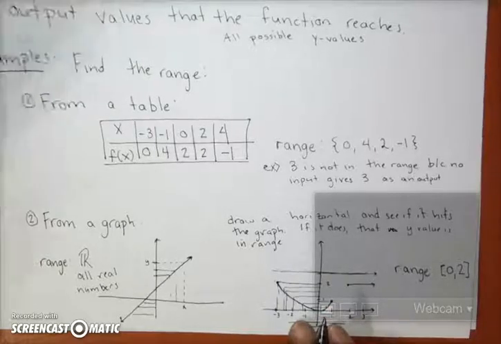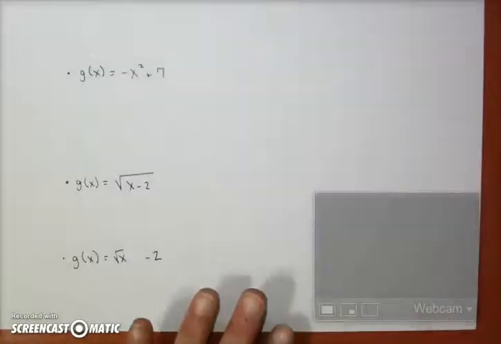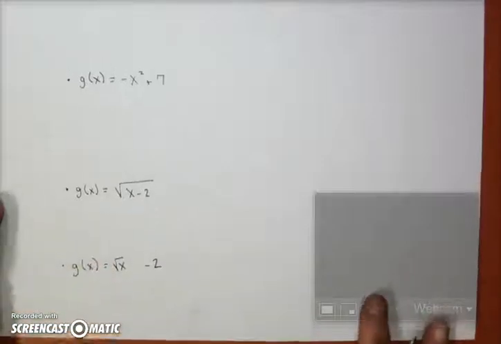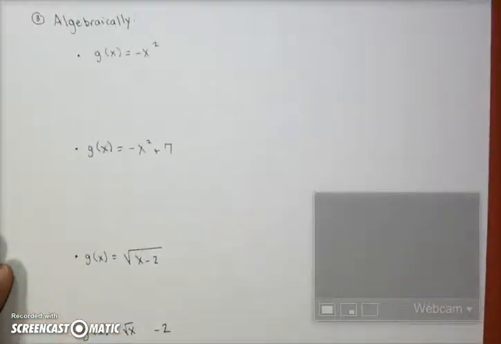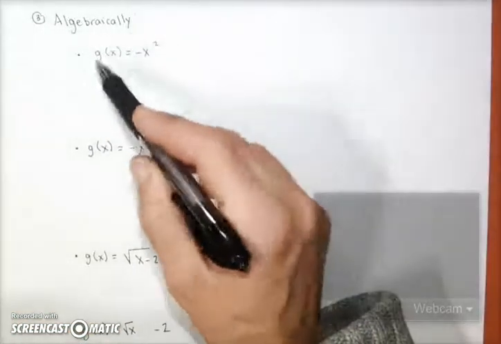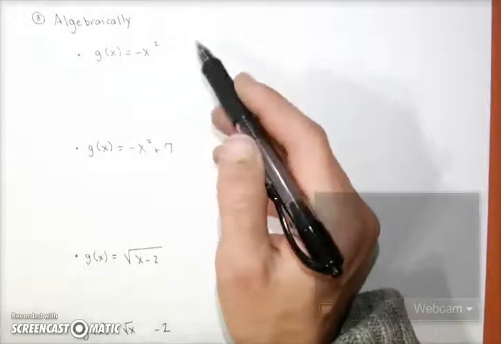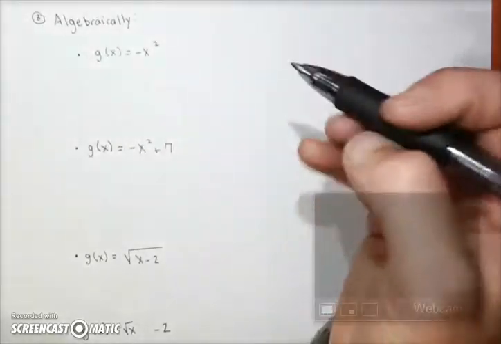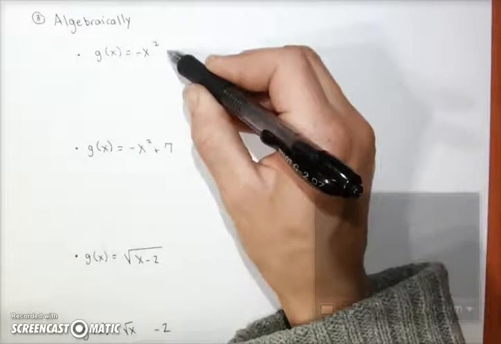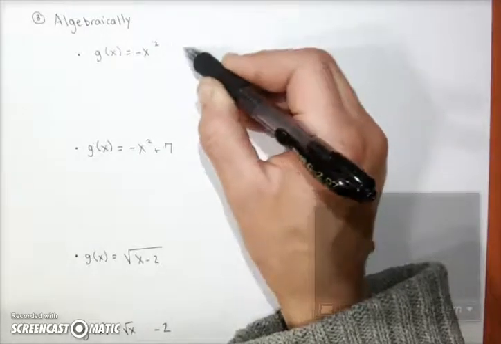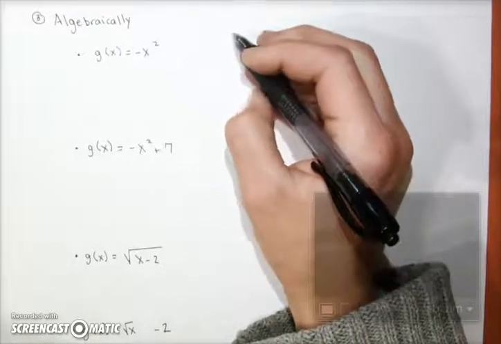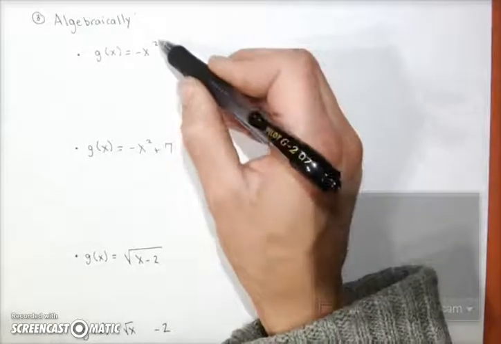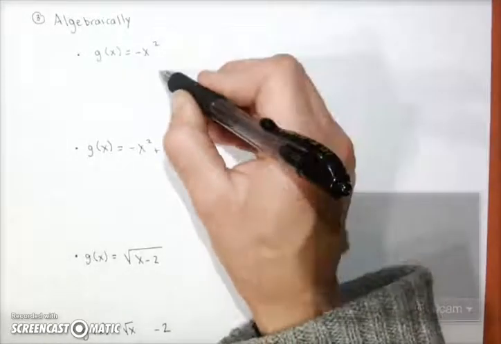Now we'll move on to talking about range algebraically. So here is a function, g of x equals -x squared. The way that we find the range of a function like this is we ask ourselves, what do we know about this function?